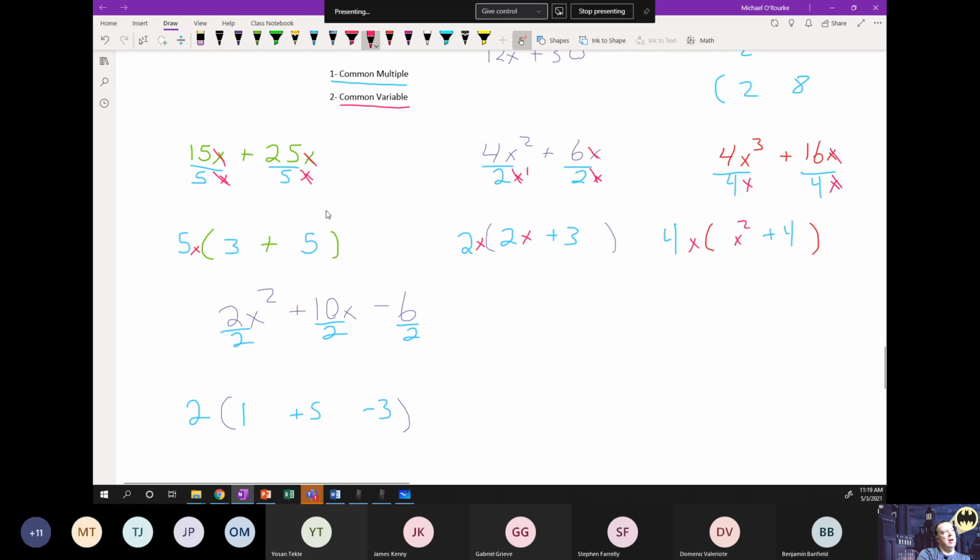Now, do we have a common variable between all three of those terms? Yes or no? Is there a common letter between all three of those terms? No. Since it isn't common, we can't take it out, and we just leave what's there in. And that's our answer right there.